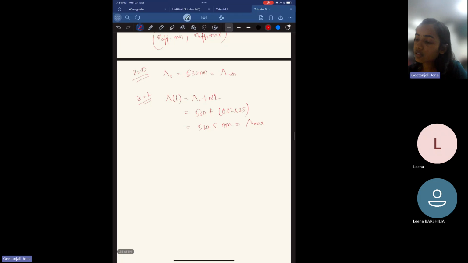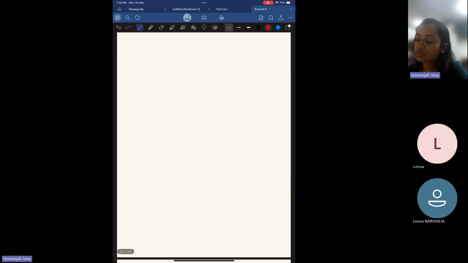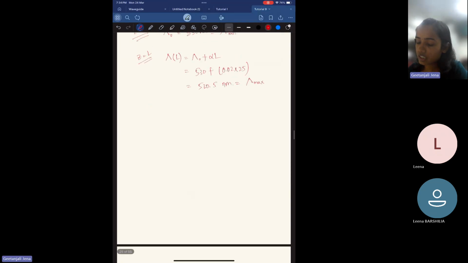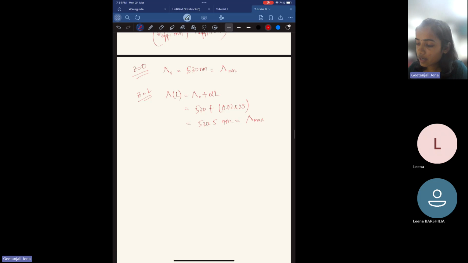Now, according to the pure phase matching condition, we have delta gamma equal to 0. That means lambda b satisfies the Bragg equation with an effective grating period.